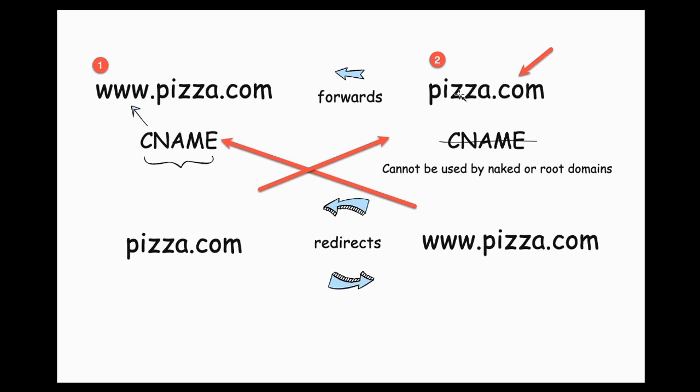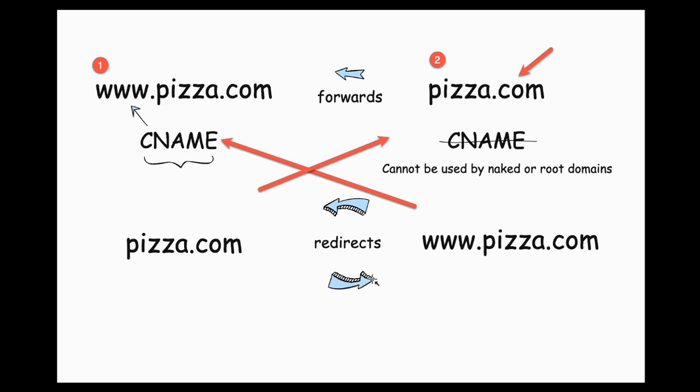If someone types pizza.com in the address bar or the URL window up above, once you see that come through, I want you to forward to www.pizza.com. Once that forwards there, it now brings you back to pizza.com. It's an infinite loop, basically, because you're telling one to tell the other to go back to the other.